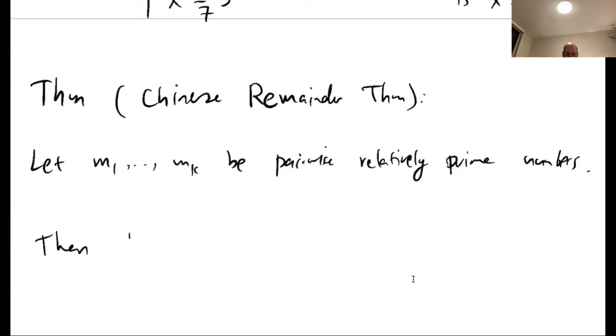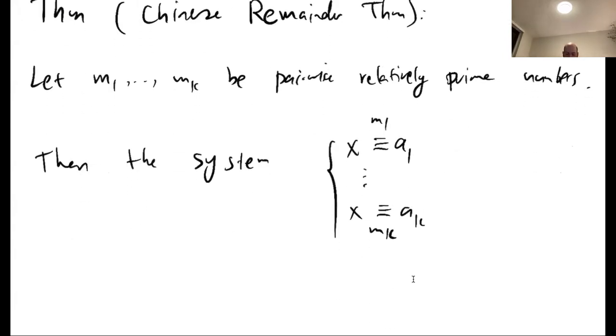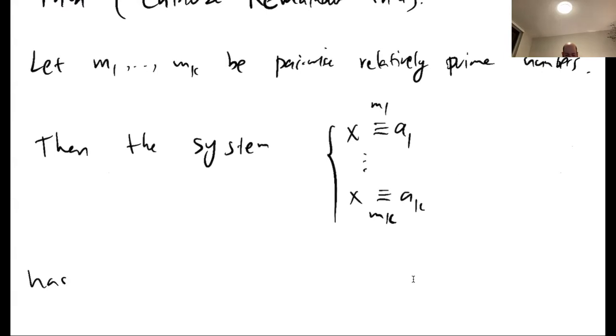Then the system that I just described above, X congruent A1 mod M1 all the way to X congruent AK mod MK, has a solution.